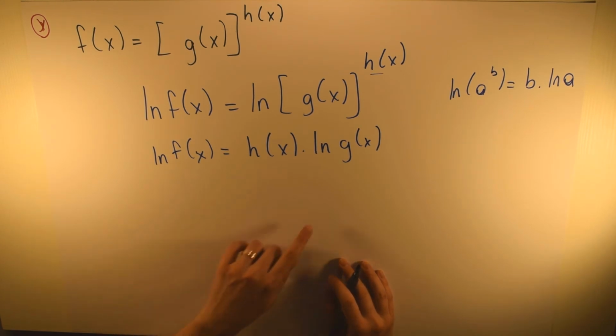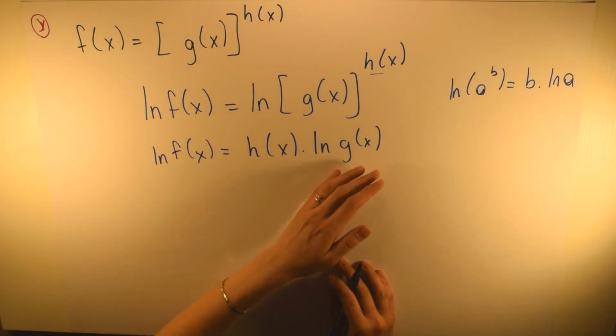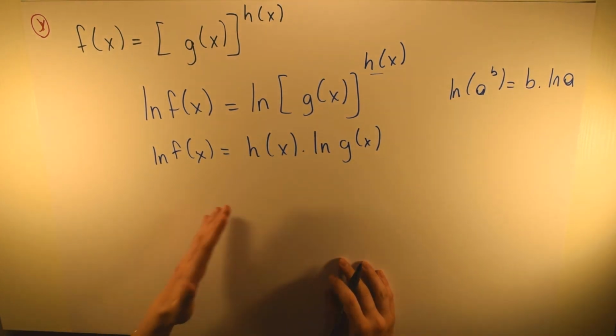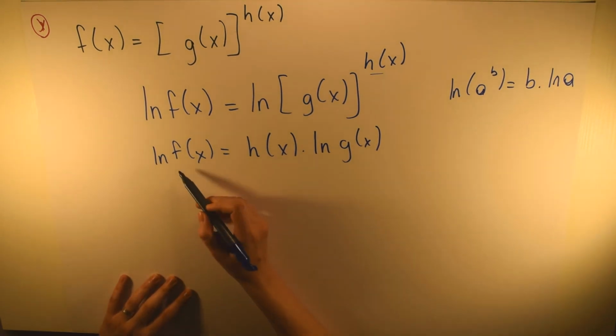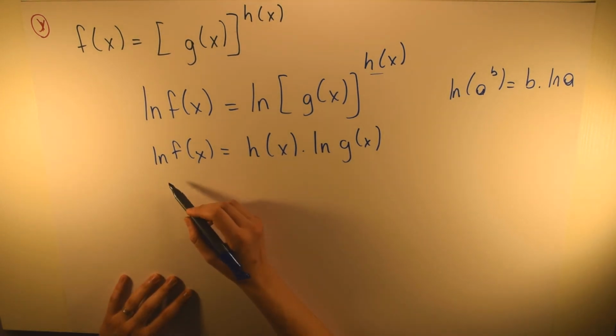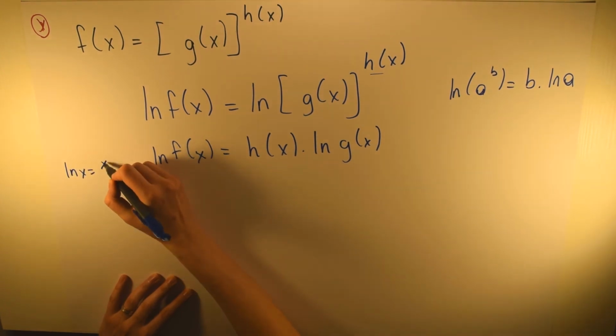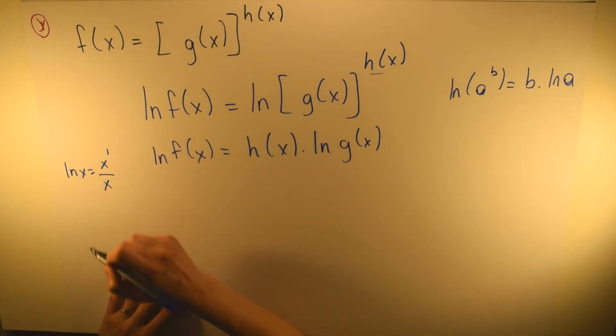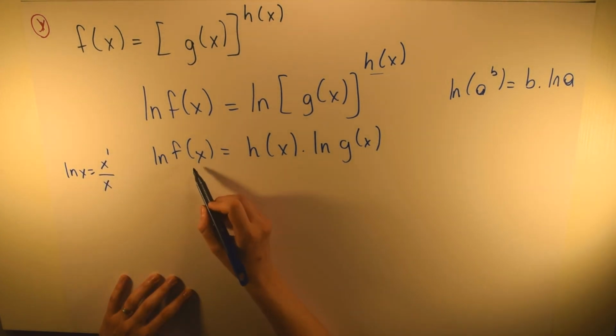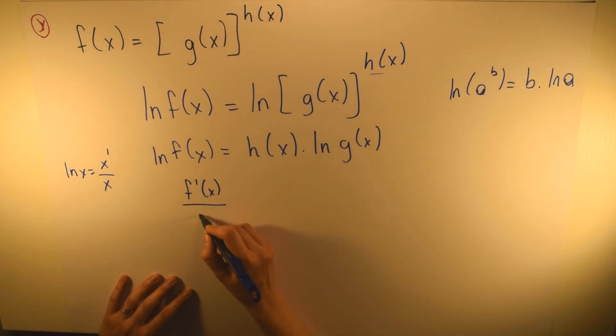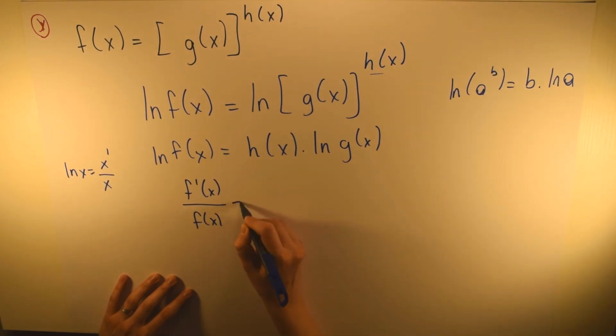After this we can take derivatives of both sides. What is the derivative of a natural logarithm function? Let's say it's ln x, it's equal to the derivative of x over x, right? So here it will be the derivative of f of x over f of x.